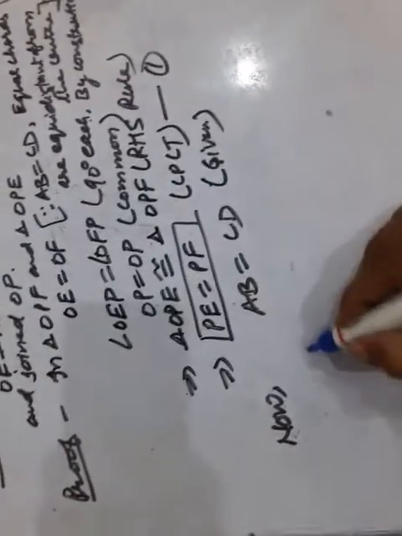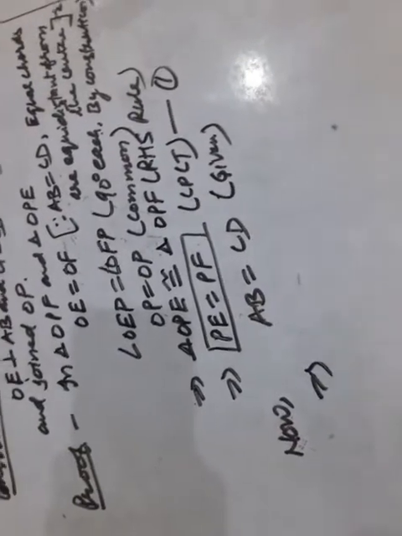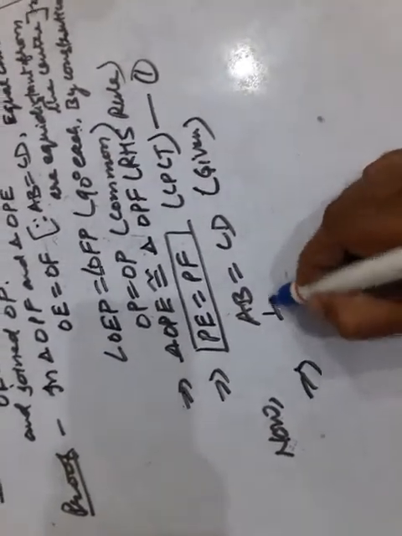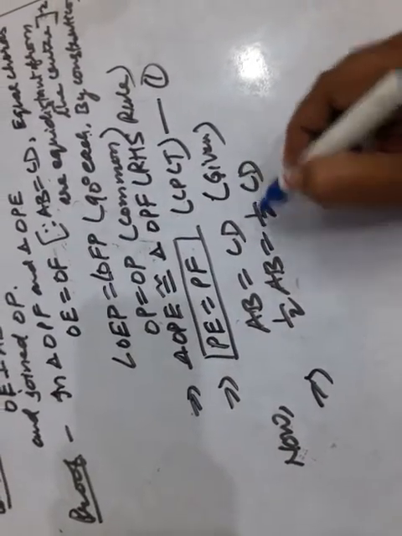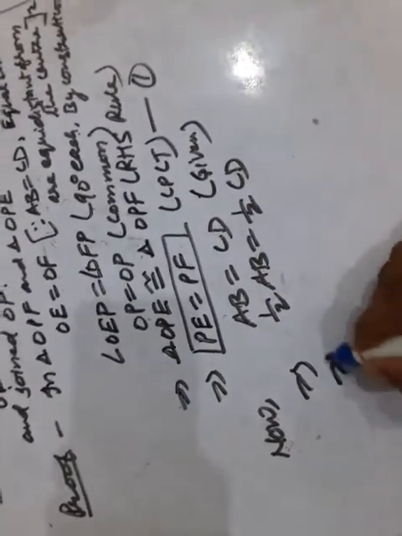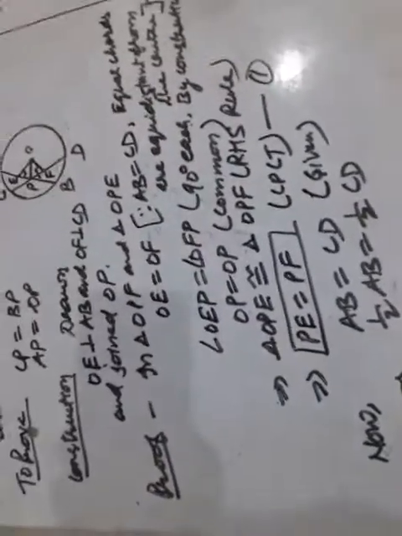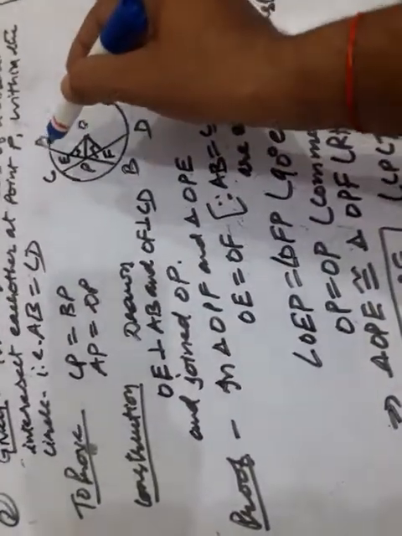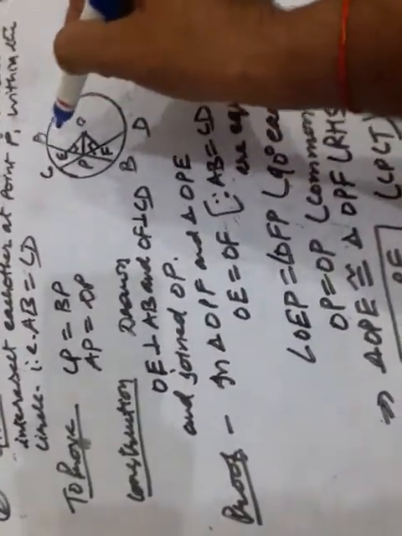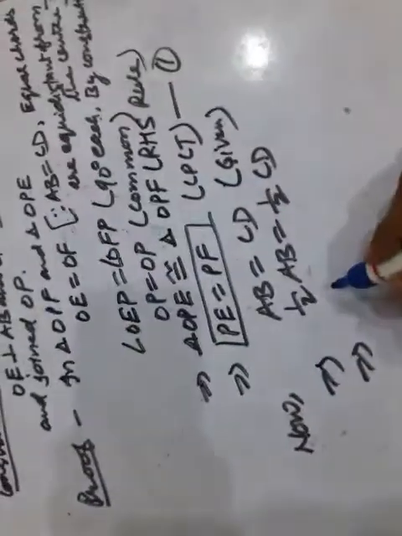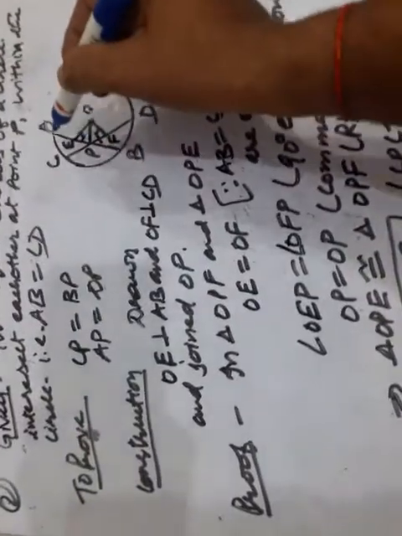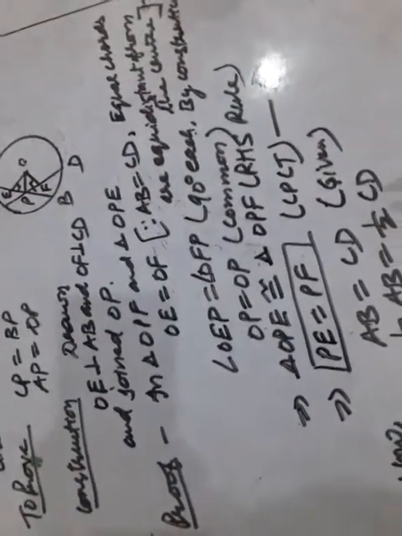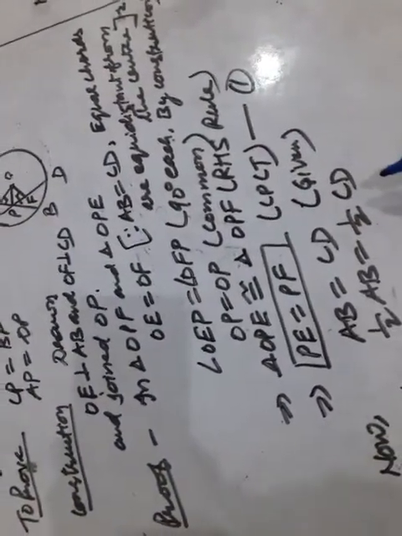Okay children, since AB equal to CD, this implies that half of AB equal to half of CD. Clear? What is half of AB? Half of AB equal to BE, and AE. Why? Because the perpendicular from the center to the chord bisects the chord.